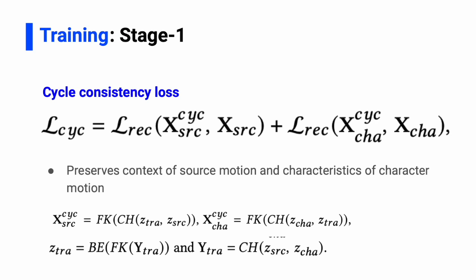X with a superscript cycle and a subscript source means applying the same body part encoder and characterizer by using Y subscript translation. This result motion is used again to calculate loss, so it is called cycle consistency loss. By calculating loss of character motion in the same way that I mentioned, we can preserve context and characteristics.